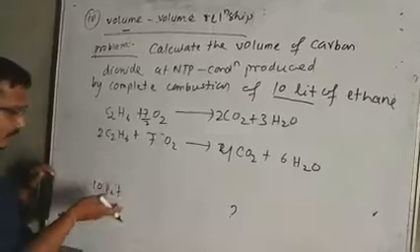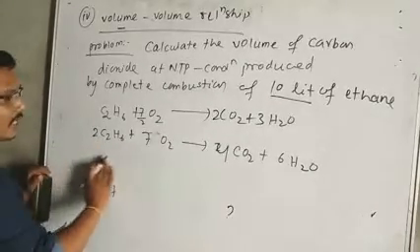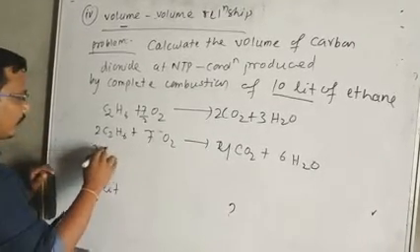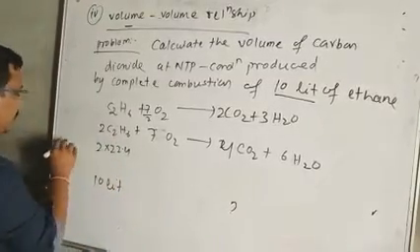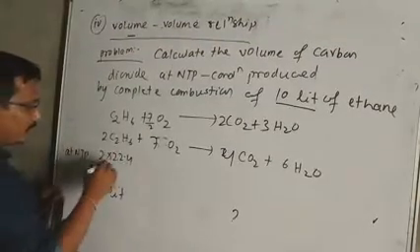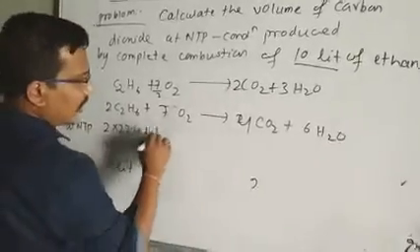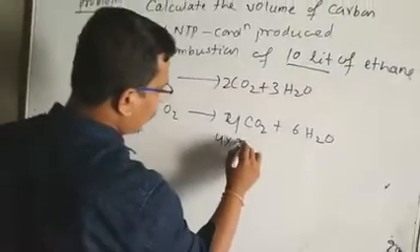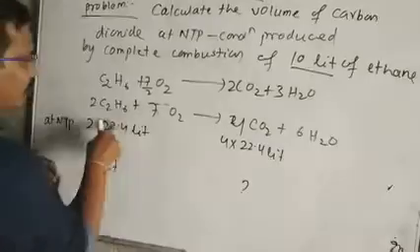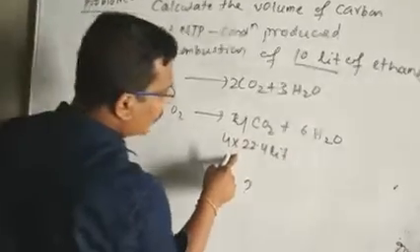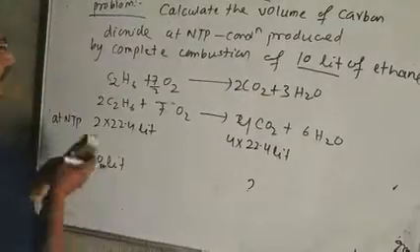Before that, we know the exact relation: at NTP condition 2 into 22.4 liter, and this is 4 into 22.4 liter. This is the main relation: 2 into 22.4 liter of ethane produces 4 into 22.4 liter of carbon dioxide.